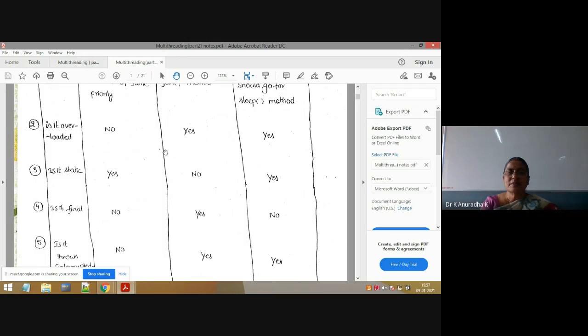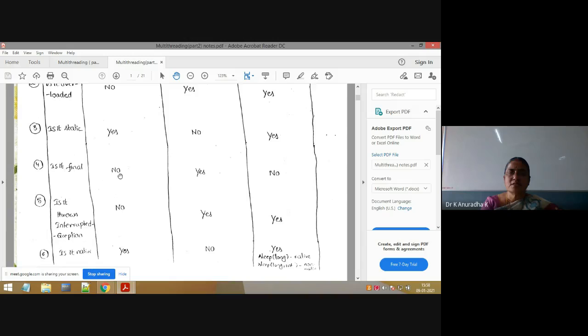Whereas the yield method and sleep method are static methods, so with the class name we can access these two methods, like Thread.yield and Thread.sleep. Because these two methods are static, we can invoke them using the class name.